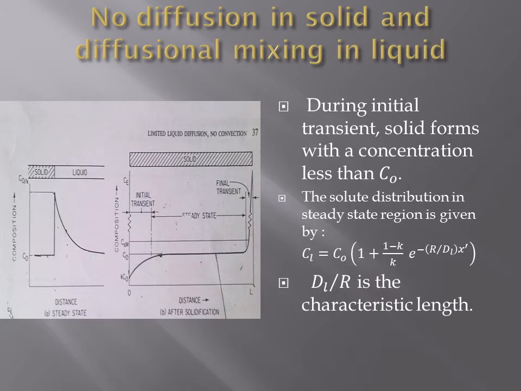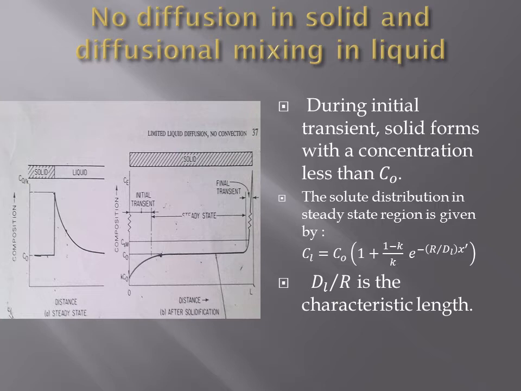Next case deals with solidification of single-phase alloys subjected to the condition of diffusional mixing in liquid. Here, solidification begins exactly as in previous examples with the initial solid forming of the composition KC0. The solute rejected into the liquid is transported only by diffusion, and so an enriched solute boundary layer forms and gradually increases in solute. The three regions shown in the graph alongside are initial transient, steady state and final transient.